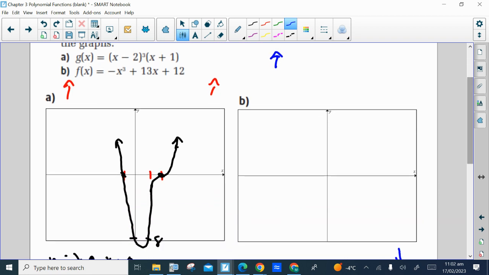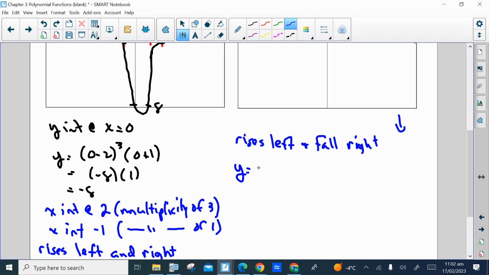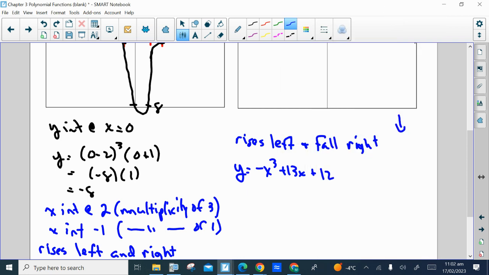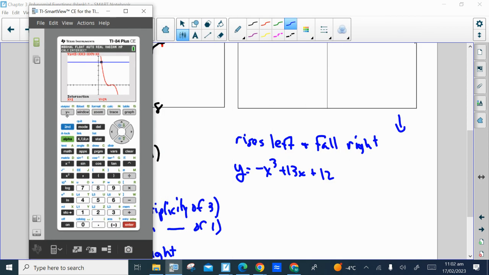Now, in order to determine the x-intercepts for this, we're going to have to factor it. We've got negative x cubed plus 13x plus 12. So we'll use our graphing calculator to find our first x-intercept.